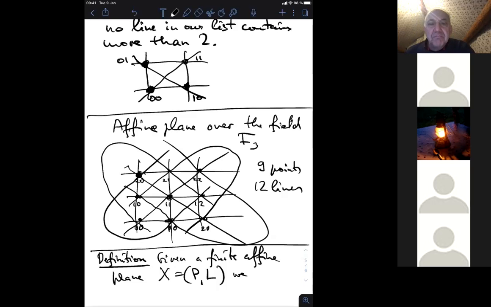No, there is no such line. Okay, so which rule does that?